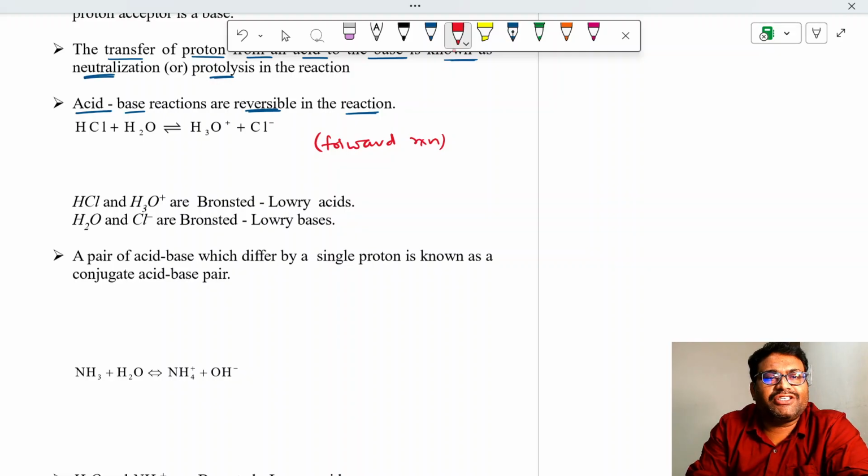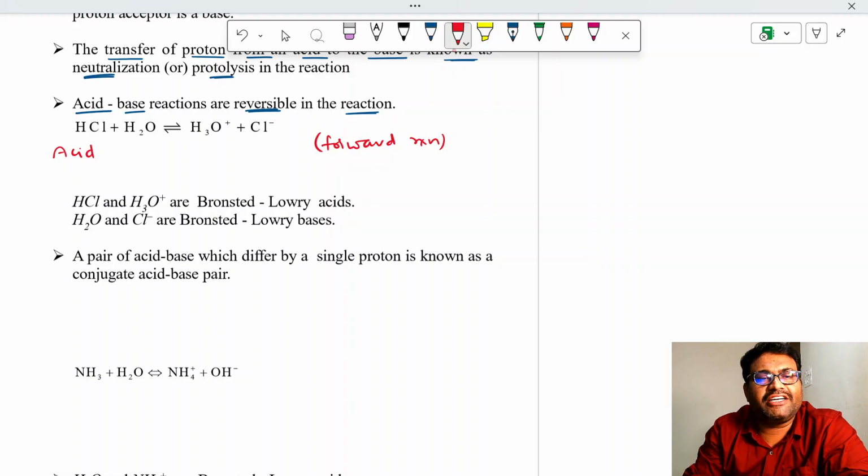So HCl has donated a proton to H2O and became Cl minus. According to this theory, HCl can be considered an acid, because it has donated a proton. H2O, by taking the proton given by HCl, has converted into H3O plus.